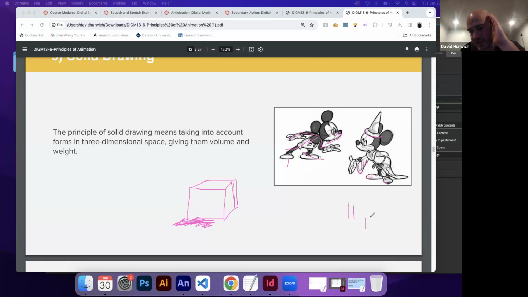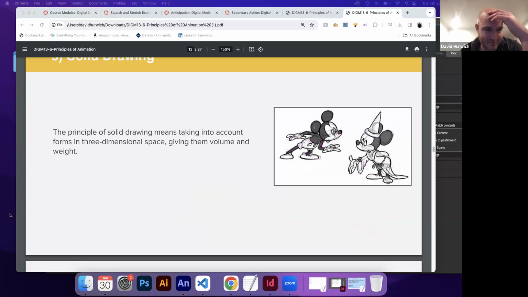He could have drawn the feet literally flat to the camera, but that wouldn't have felt very realistic. Instead, whoever drew this drew the feet kind of like that, facing the camera. That gives it a little more solidness, a little more three-dimensional quality.